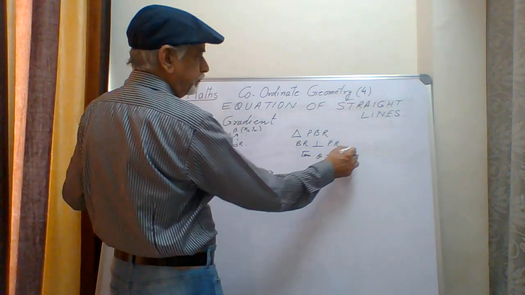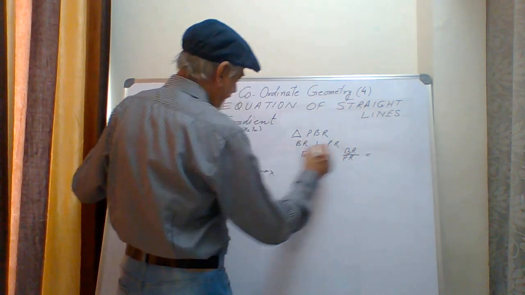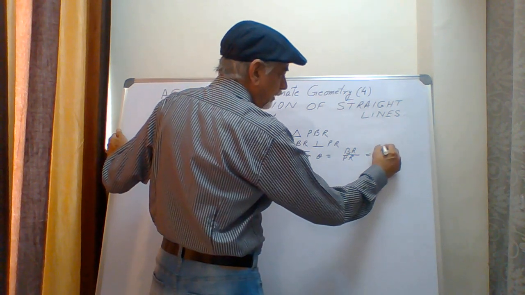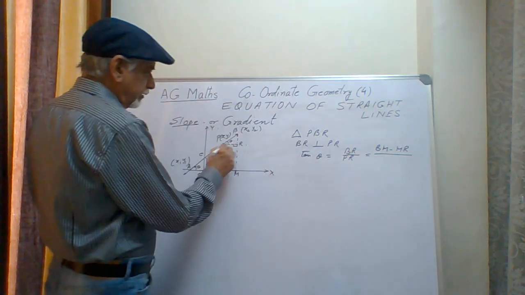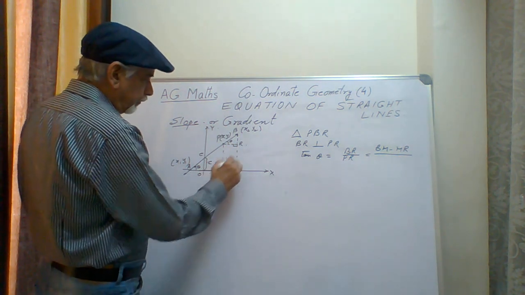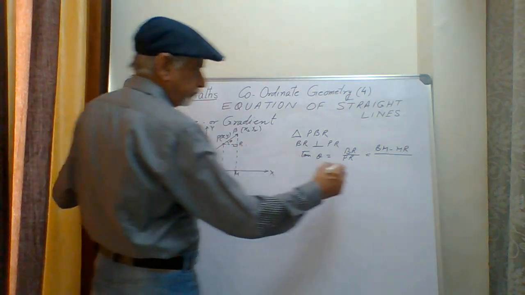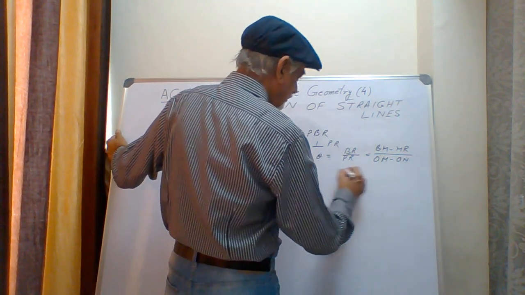So tan theta is BR by PR. What is BR? BR is written as the difference of BM and MR, BM minus MR, and PR. PR is equal to MN, and MN is nothing but OM minus ON. So I write directly OM minus ON.